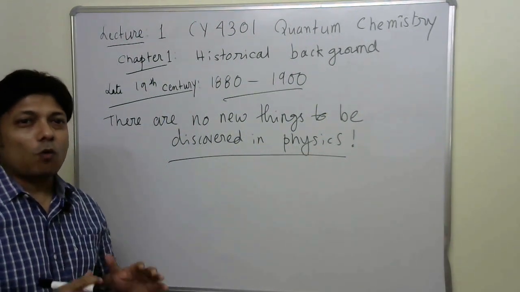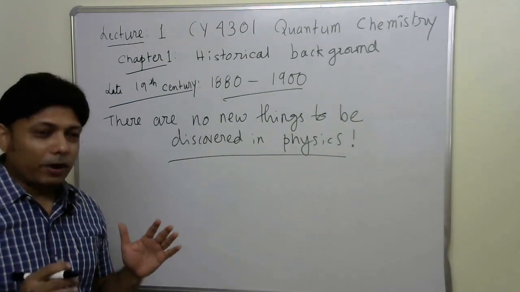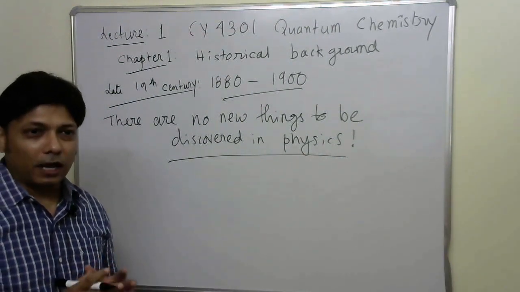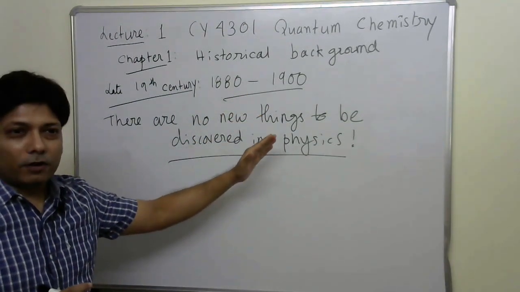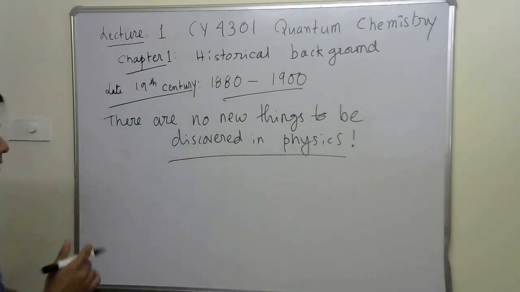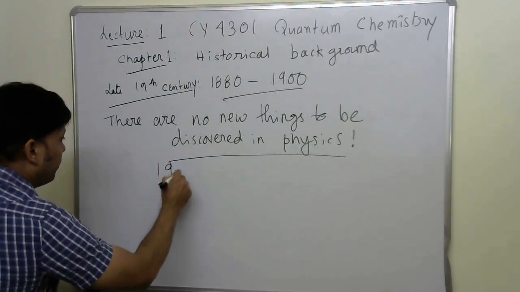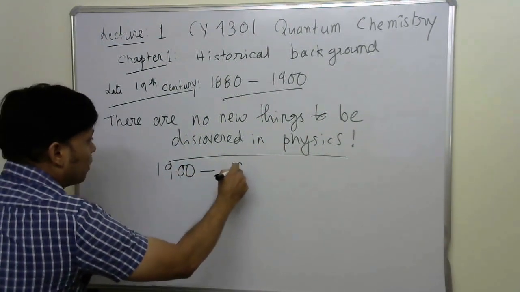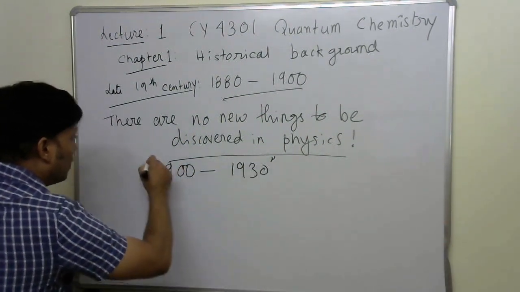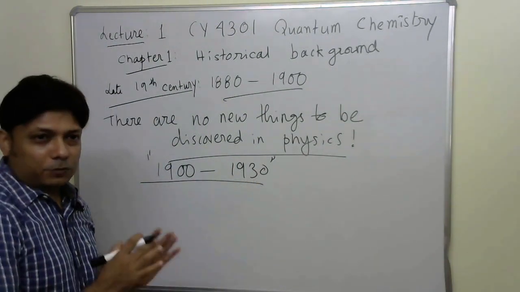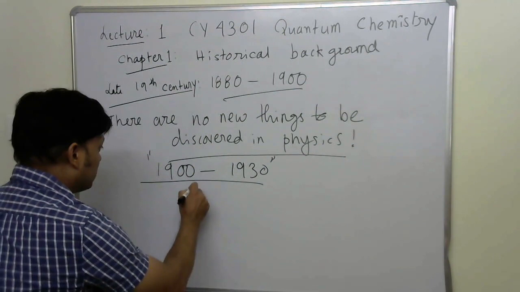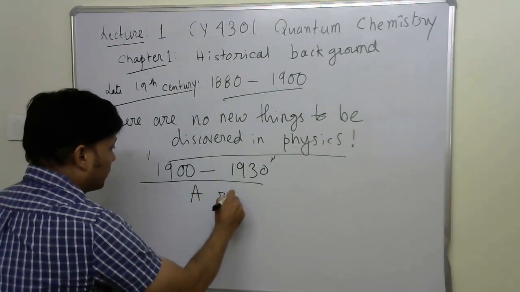But it was a great irony in the history of science that exactly from the year 1900 onwards, during the time period 1900 to 1930, in those 30 years, the subject of physics underwent a revolution.